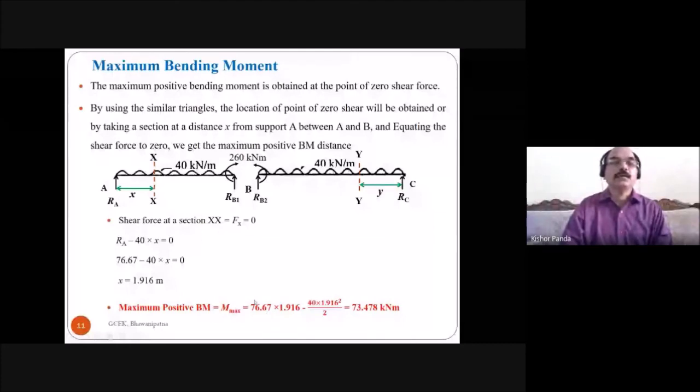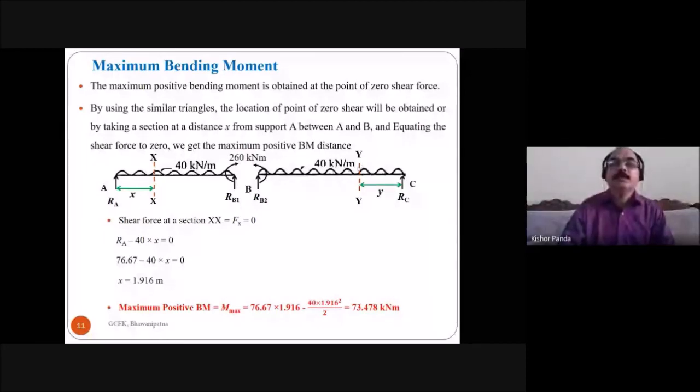This is clockwise, and due to this load, this is anti-clockwise: 40 into 1.916, and the CG of this load is at 1.916 by 2, so minus 40 into 1.916 into 1.916 by 2. So this is the maximum positive moment, 73.478 kilonewton meter.